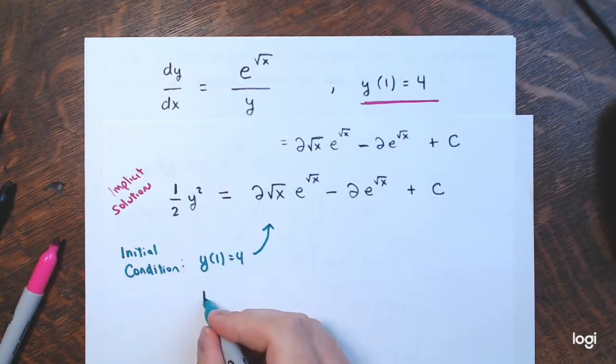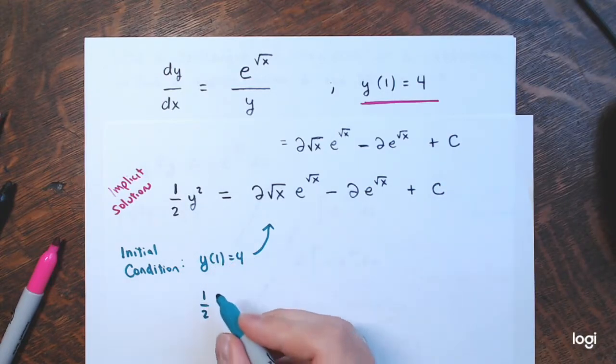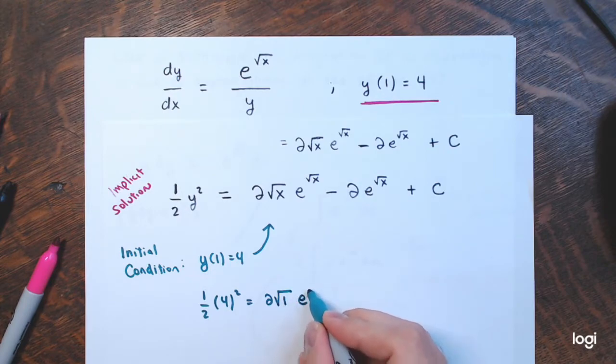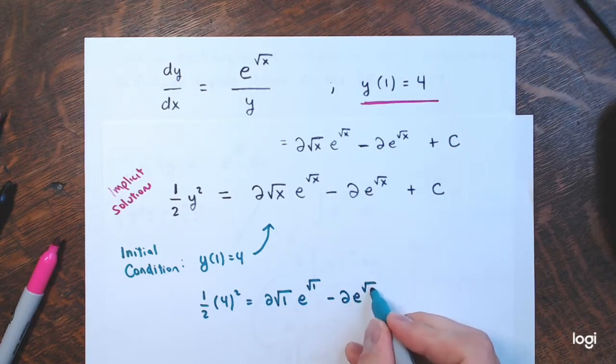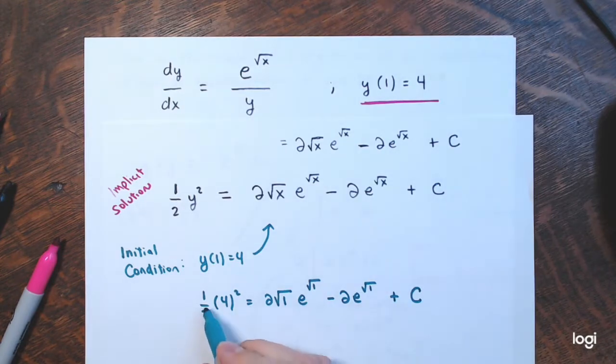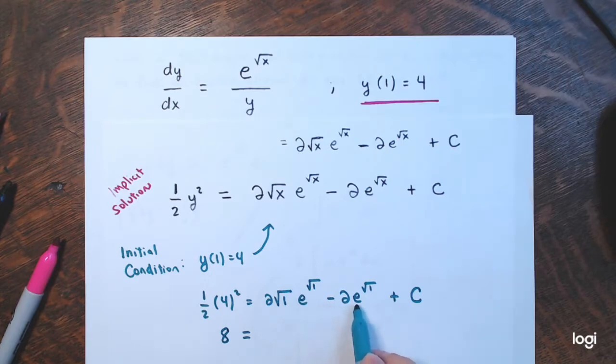We have half, replace x with 1, y with 4. So half of 4 squared equals 2 times the square root of 1 times e to the square root of 1 minus 2 times e to the square root of 1 plus some constant, and then solve for c. Well, half of 16 is 8. And this is just 2 times e minus 2 times e, so those are gone, and you have 8 equals c.